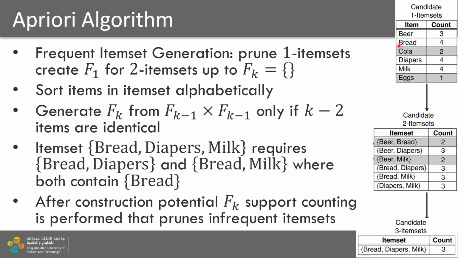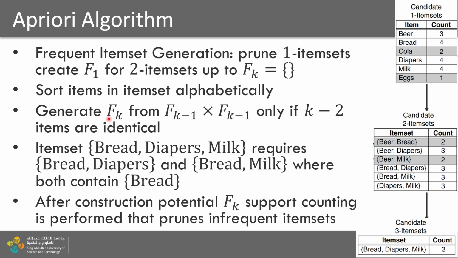Only beer, bread, diapers and milk survive to the next candidate for 2 item sets, and we will create 2 item sets which we will always sort alphabetically. And then we will create a systematic approach for how to create them.